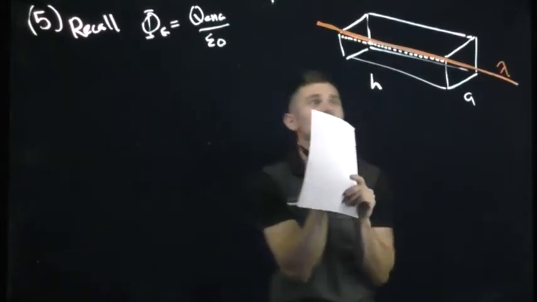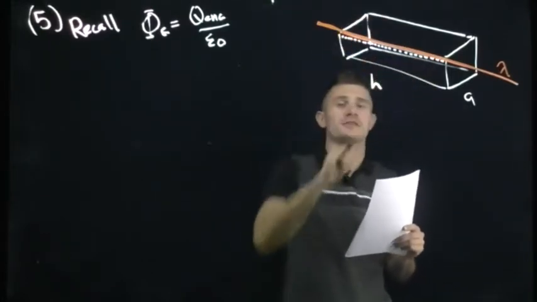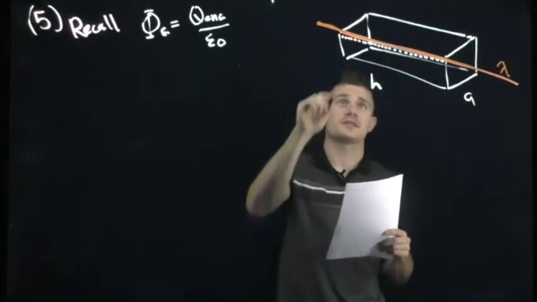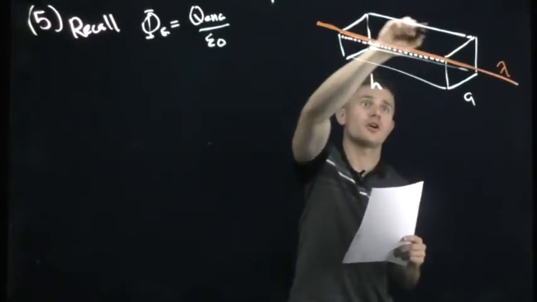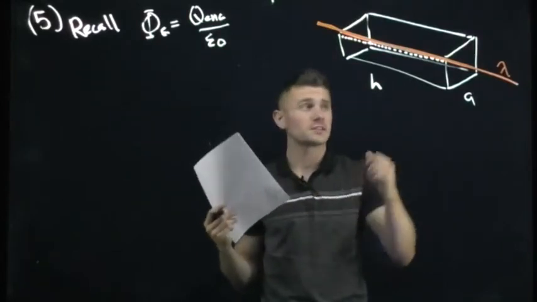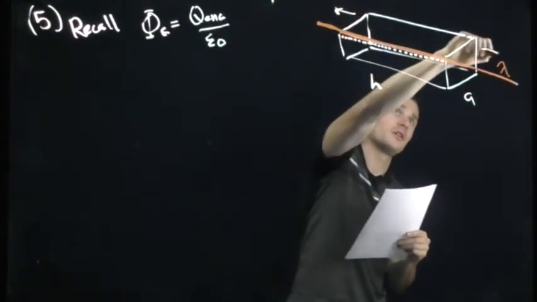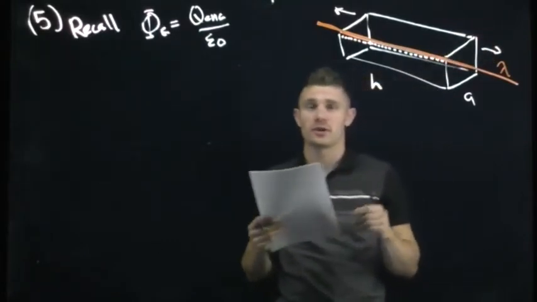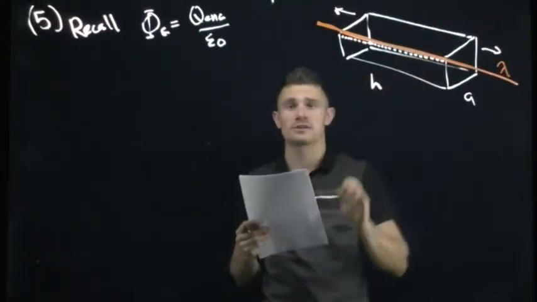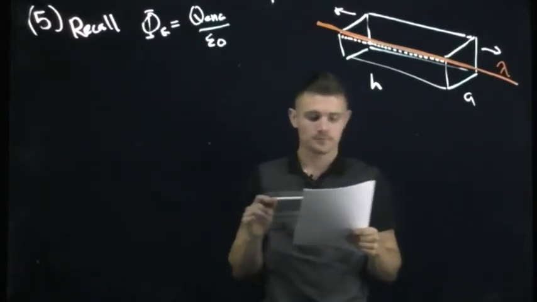So the electric field that's flowing out from this line of charge is going to pierce the surface of this rectangle. In this case, it's only going to pierce the 4 long sides that include the H and the A, because the electric field flows out radially, so it's not going to be flowing along either end. There's no electric field moving this way, there's no electric field moving this way, so it's only going to pierce the 1, 2, 3, 4 sides, and it's going to be flowing out away from the line of charge.